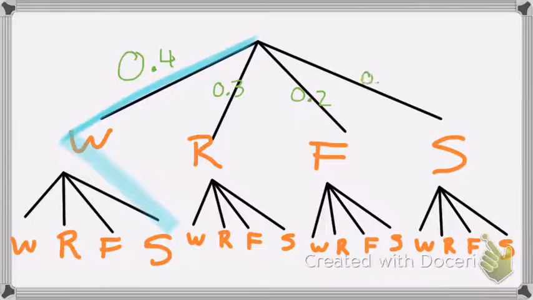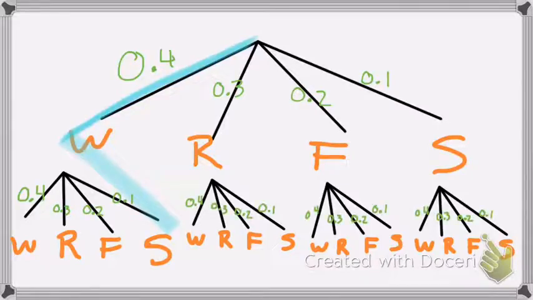And since these are independent, it says the two magazines' arrival times are independent of each other, that means that the probabilities are the same on the lower set of branches. If you were dealing with a conditional probability, the probability would be different on the lower set of branches. But since it's an independent probability, the probabilities are the same on every set of branches.